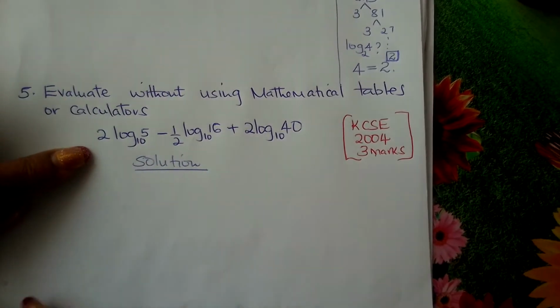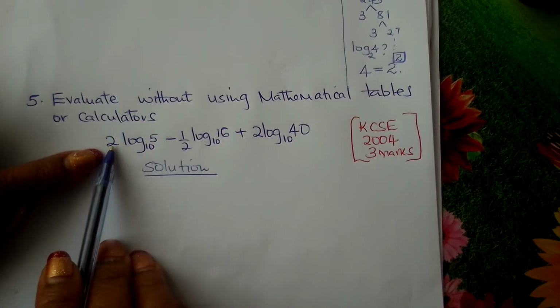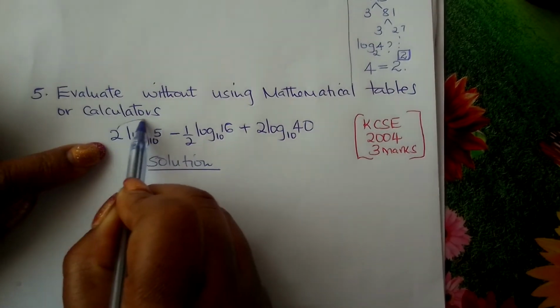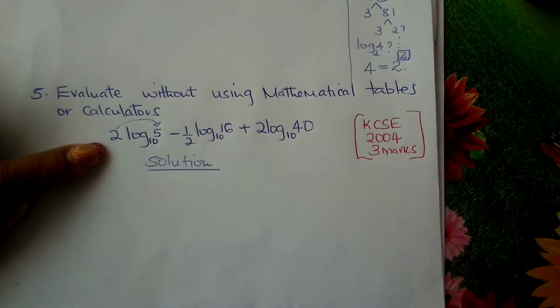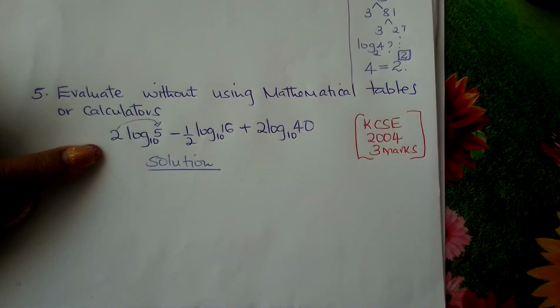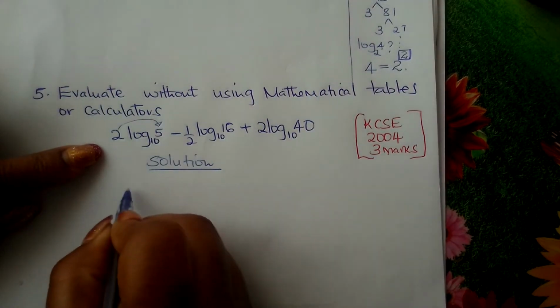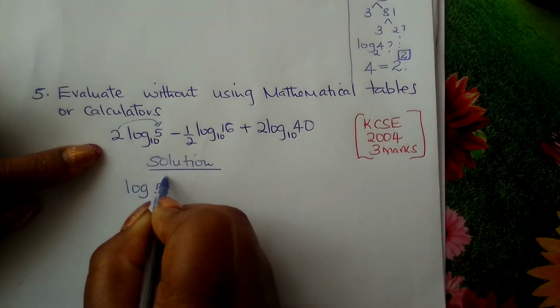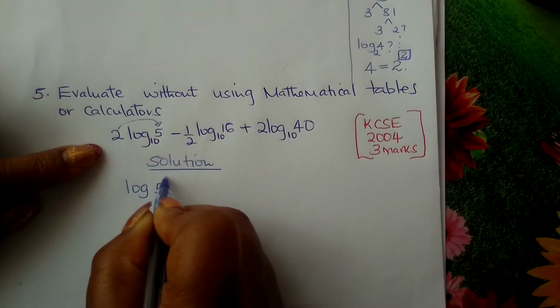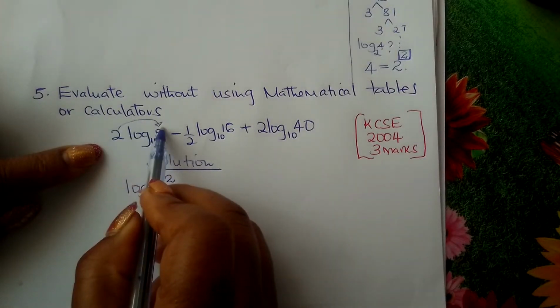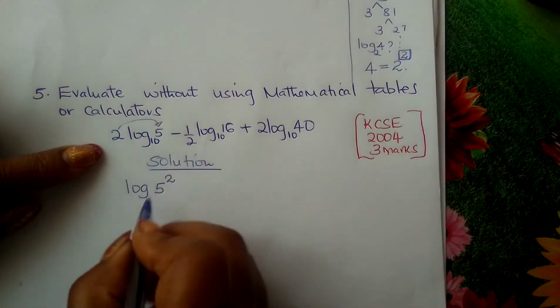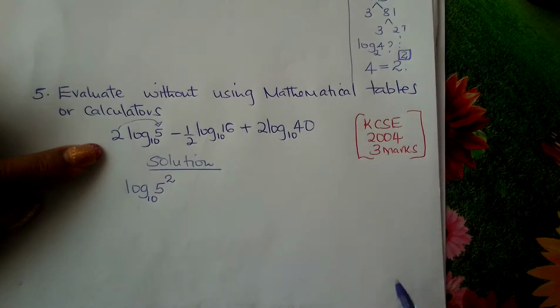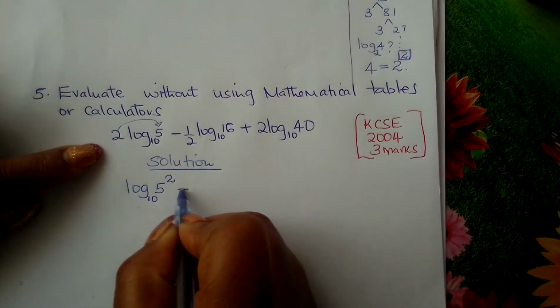According to the laws of logarithms, if you have this number here, the first thing that you do is to take it up there so that it becomes the power of 5. And therefore we write log 5 raised to 2 to base 10. Then minus what?